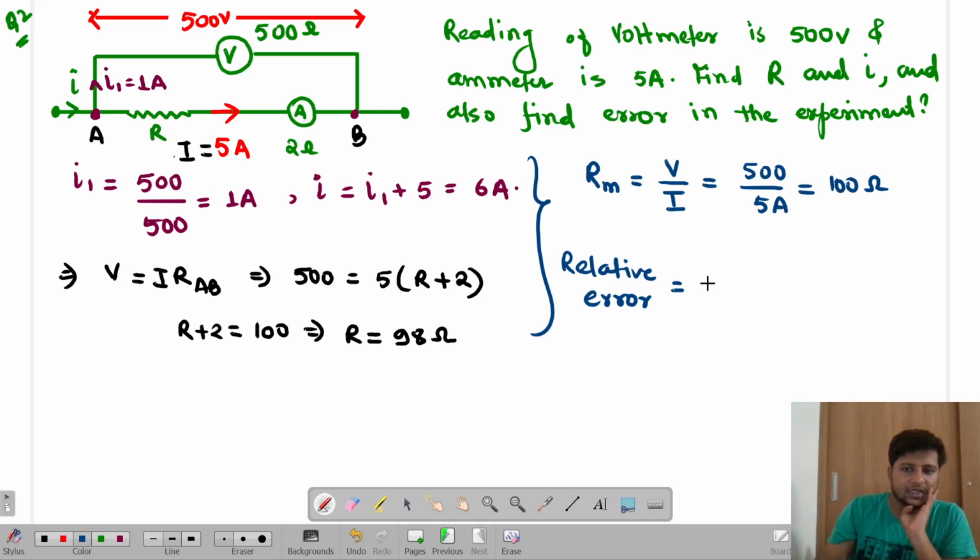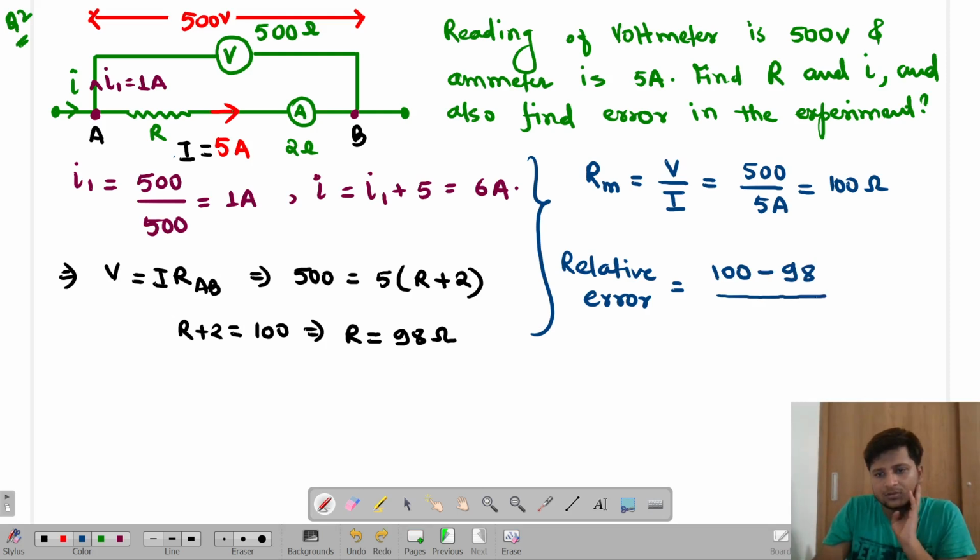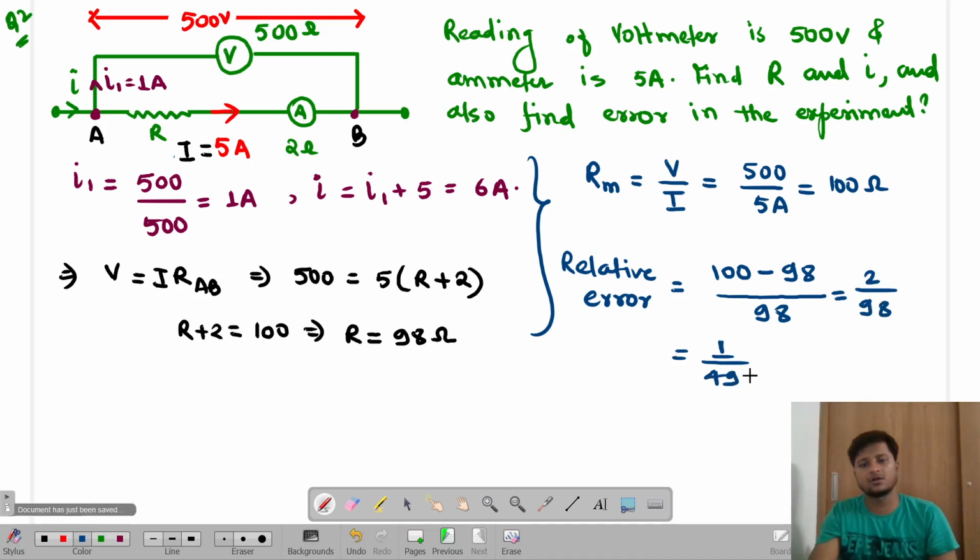So in reality, the relative error is how much? Measured value minus original value, divided by original value 98. That is 2 by 98, which is 1 by 49, or equal to 100 by 49%.